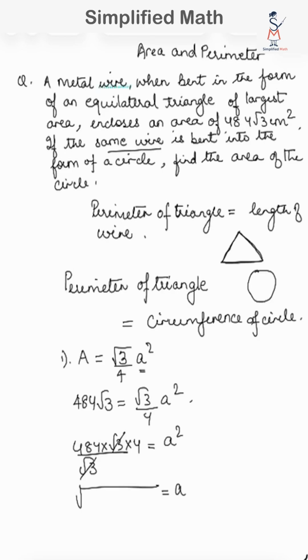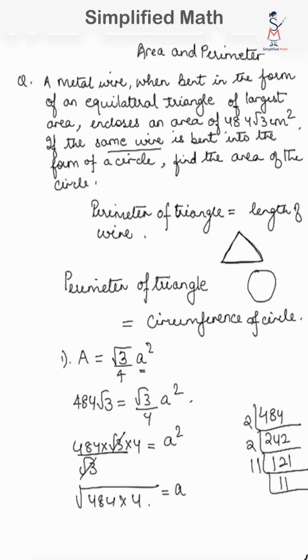We will find the square root of 484 into 4. So 484, let's factorize it. 2, 4, 2, 2, 1, 2, 1. And we know 11 into 11 is 121.